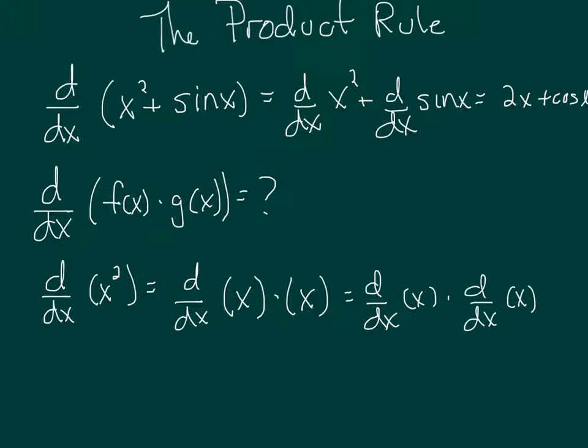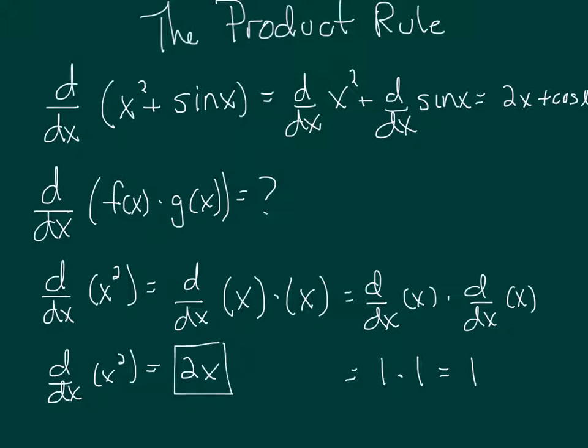And we all know that at this point, that's just 1 times 1, which equals 1. Now, that can't be right, because we know that the derivative of x squared doesn't equal 1. That equals 2x. So, since 2x doesn't equal 1, this has to be wrong.